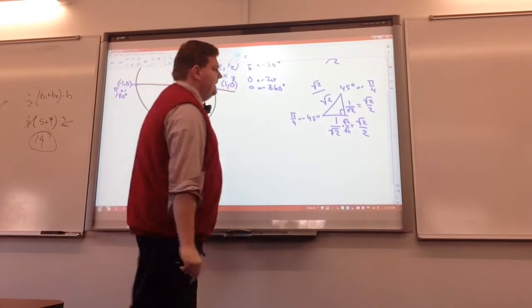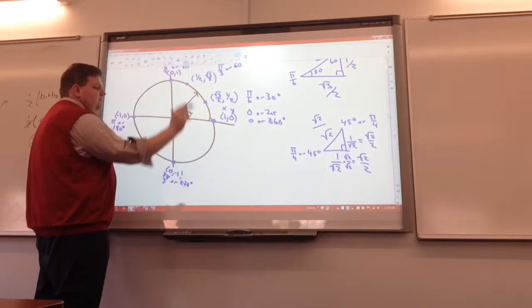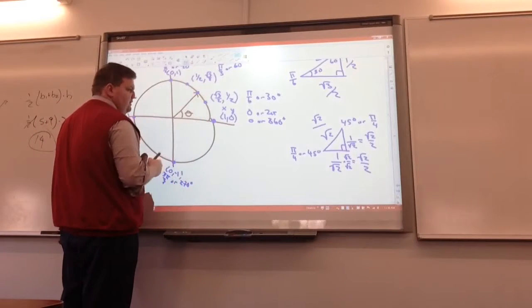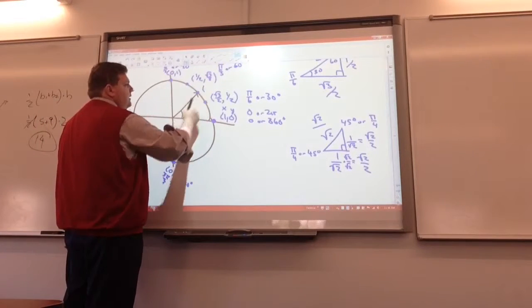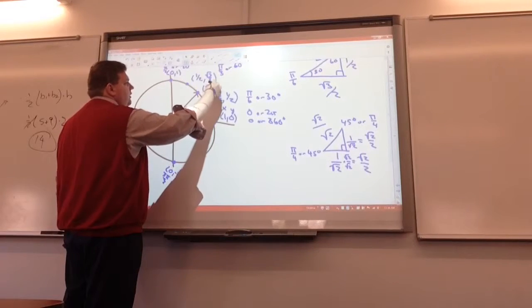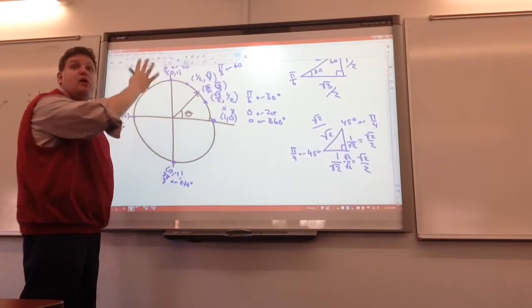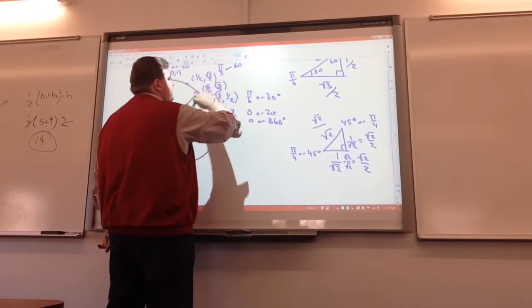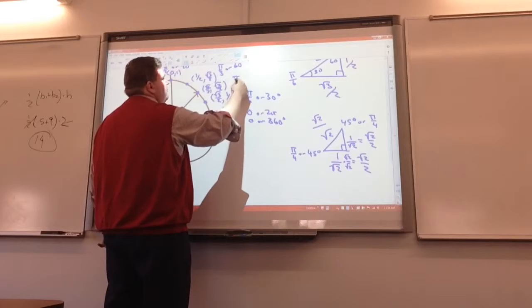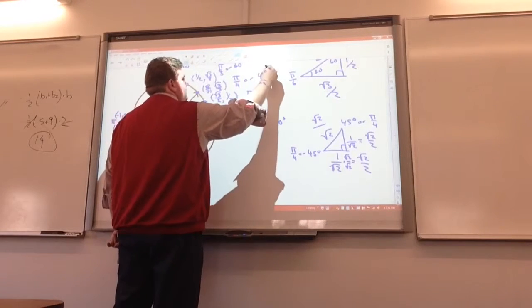So that means if I'm at the location where 45 degrees or pi over 4 is, which is right here, my xy coordinate is root 2 divided by 2, root 2 divided by 2. It's where x and y are equal on the circle, and this happens at pi over 4 or 45 degrees.